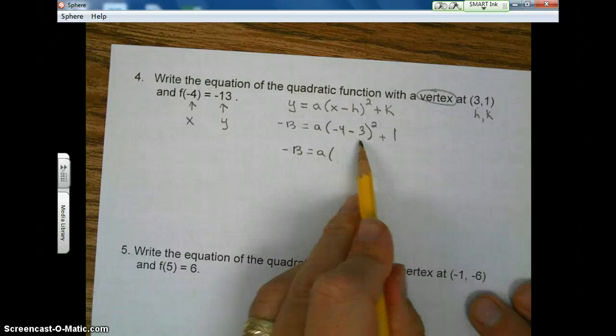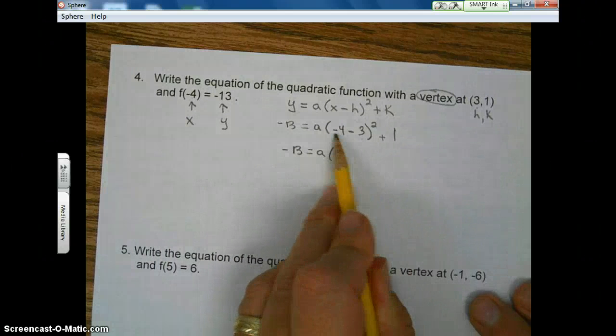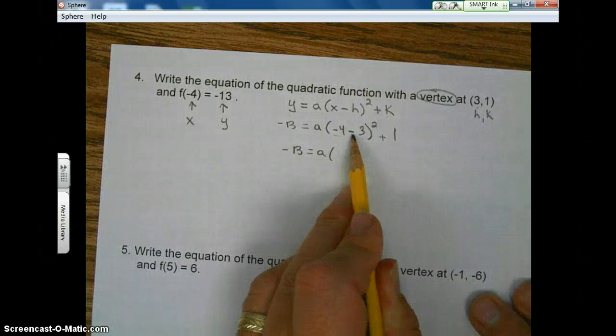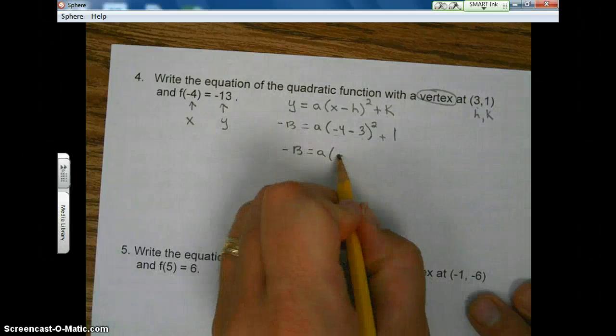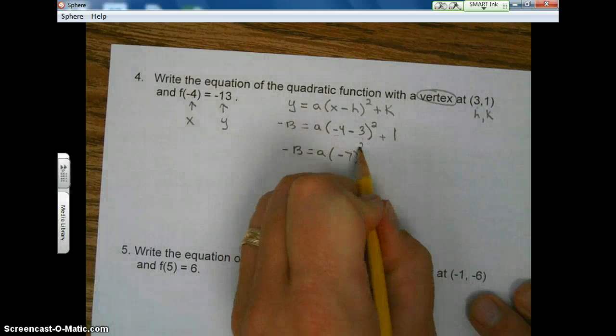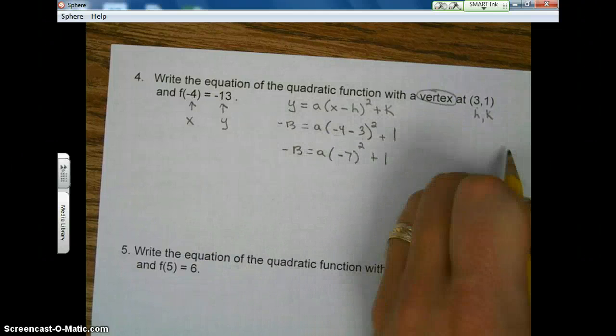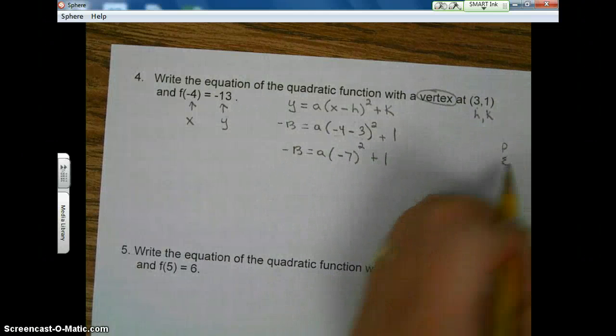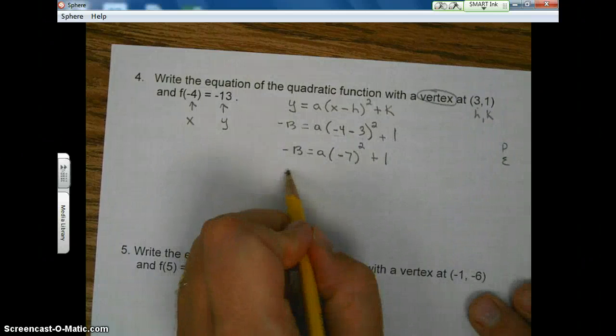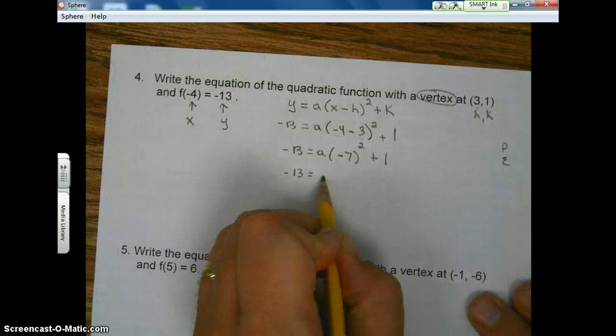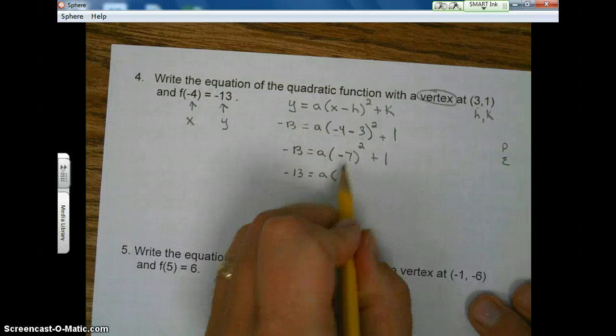Remember, order of operations, parentheses first. Negative 4 minus 3 is negative 7, square it, plus 1. So we did parentheses first, PEMDAS. Next, exponent. We have negative 7 squared, 49.